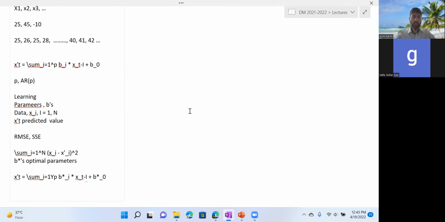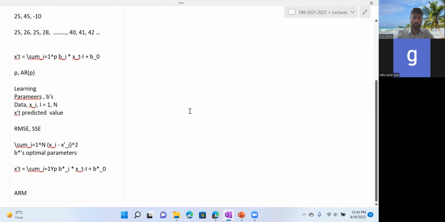Somewhat more complicated models from the traditional approaches are the ARMA. ARMA is autoregressive moving average. So this has two sets of parameters.